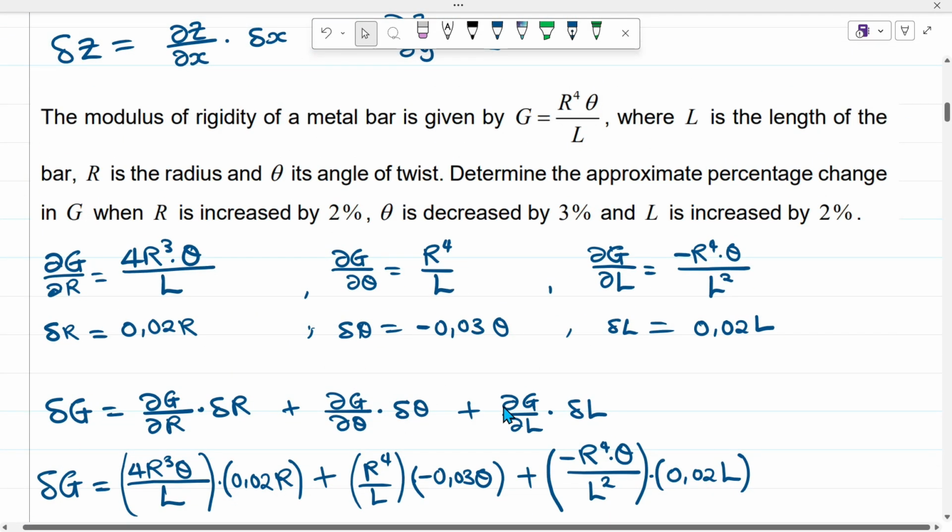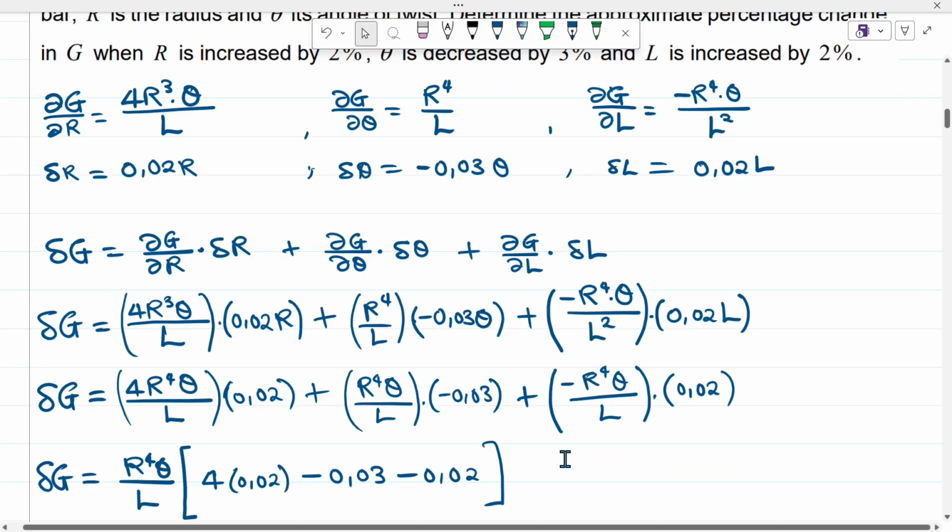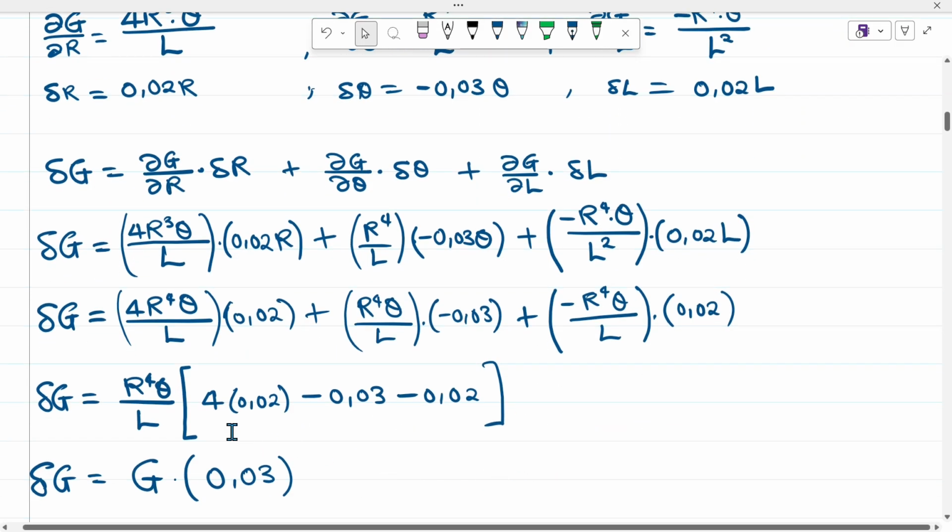So the difference between small change and percentage change is that on percentage change we end up taking the formula that we're given and make it the subject of the formula. Like you see how we made G a common factor here, that's the difference between small change and percentage change.